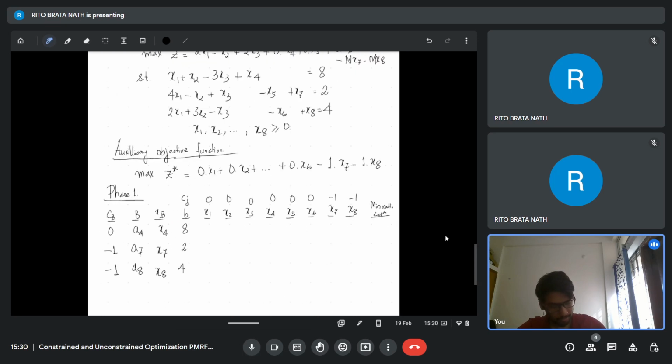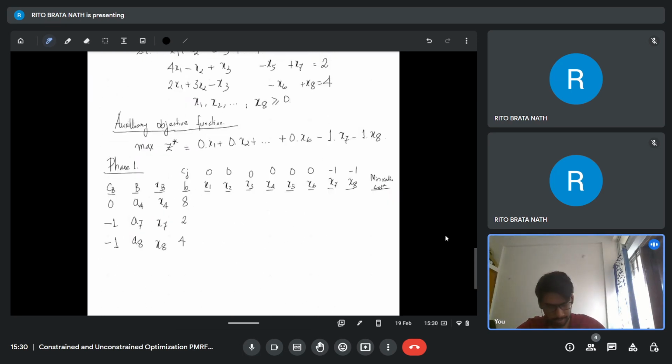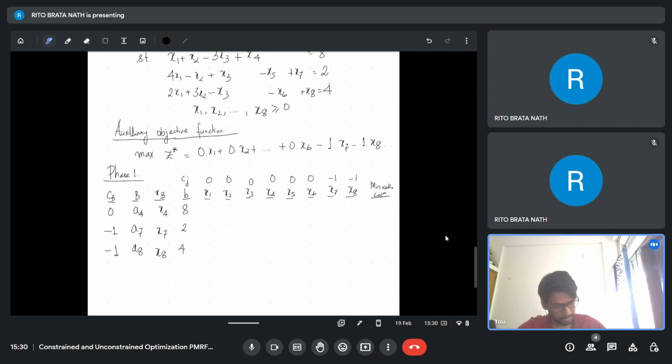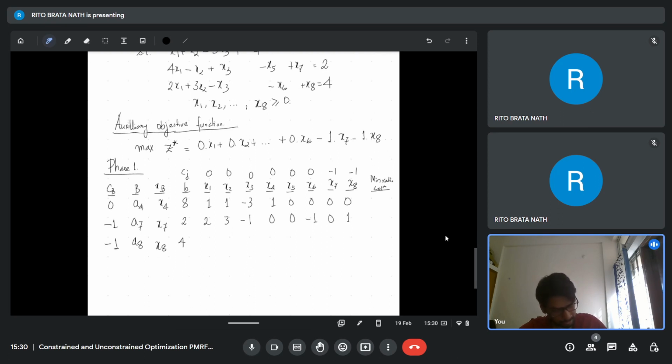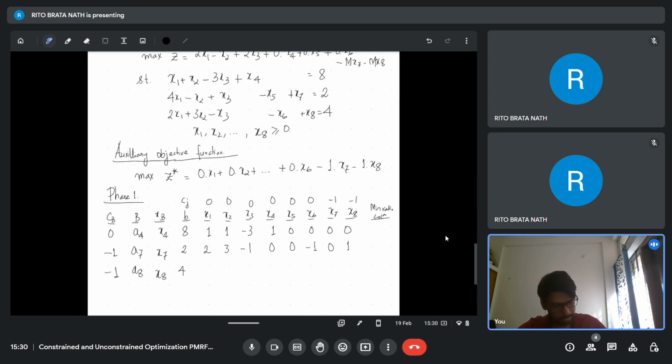And now you have to write down the entire thing, right? So basically, it's a bit of a painful job here to write, but that's fine. Next one is 2, 3, minus 1, 0, 0, minus 1, 0, plus 1. The final one is, oh, I think I've written it wrongly.